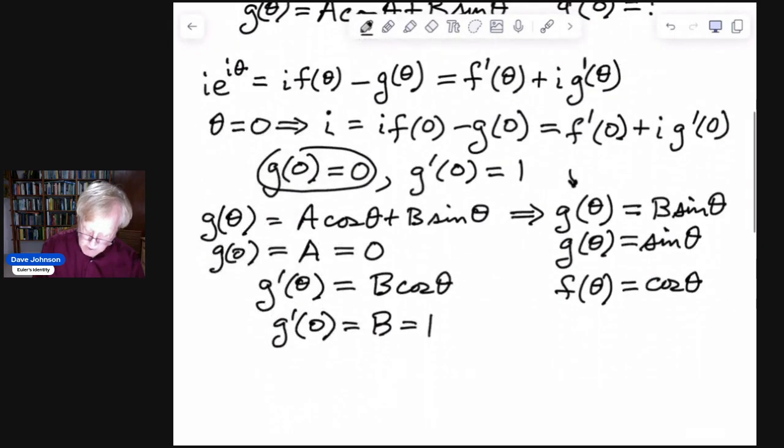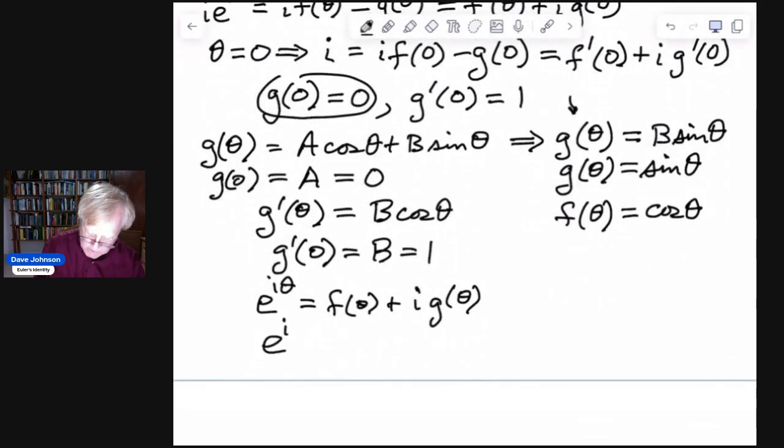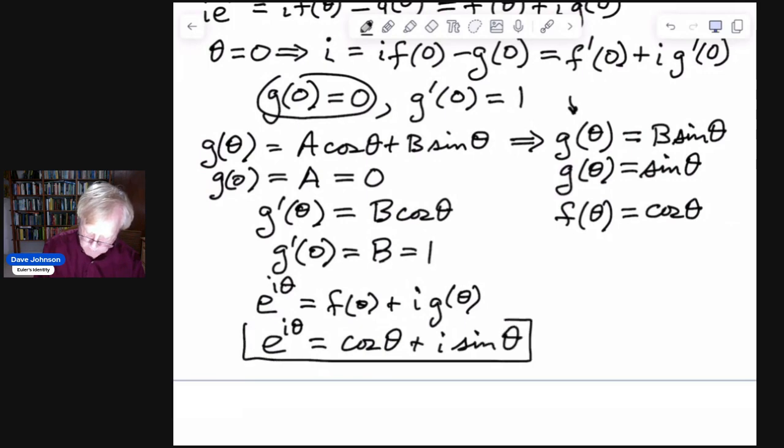Okay, and the problem is solved because remember, e to the I theta, we said, was equal to f of theta plus I times g of theta. But now we know that e to the I theta is equal to cosine theta plus I sine theta. And that solves the problem.